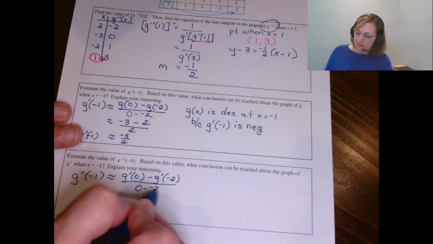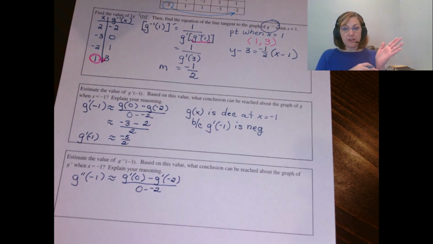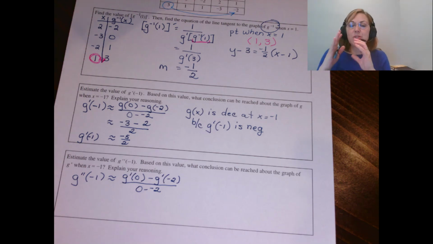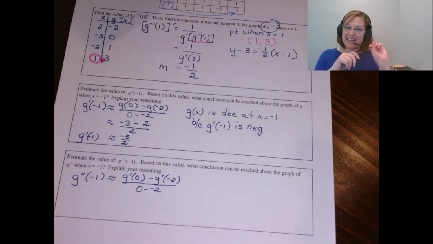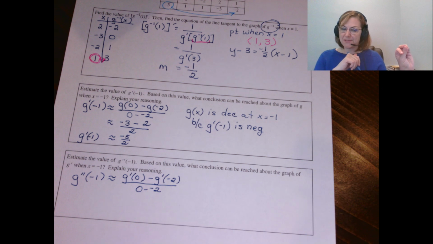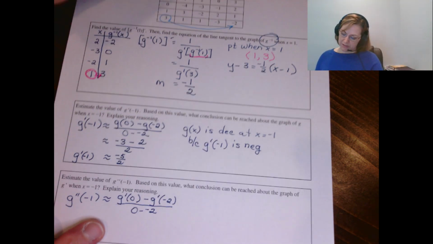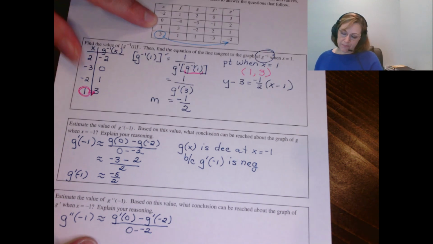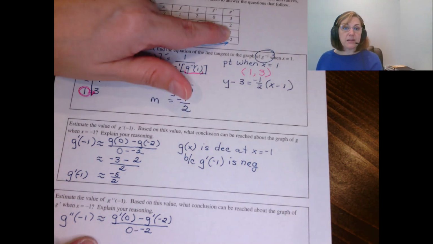We haven't done that before. Okay. But in the same way I used the function y values to get an estimate for the slope of the slope, which would be the derivative, I can use the y values of the derivative to get an estimate for the second derivative. Okay, again, I need those values from the chart. So let me pull them back down here. When x is 0, g prime is 2.